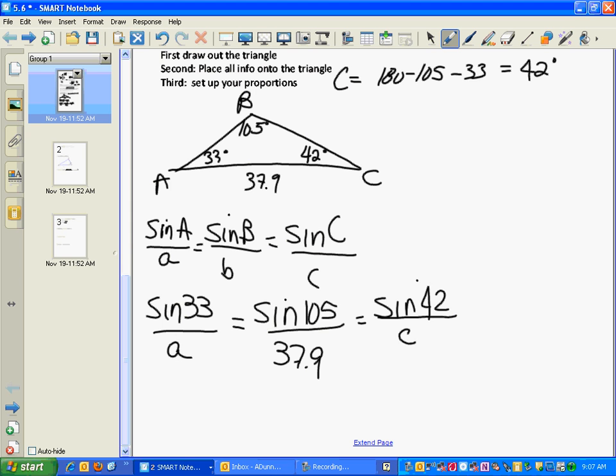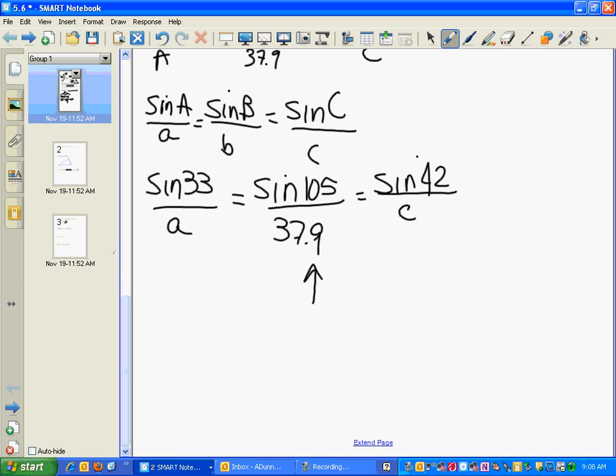All right, our scale factor is this, because both the numerator and the denominator are given. So that's what's going to be our commonality between setting up our proportions. Our first proportion would say sine of 33 over A equals sine of 105 over 37.9.